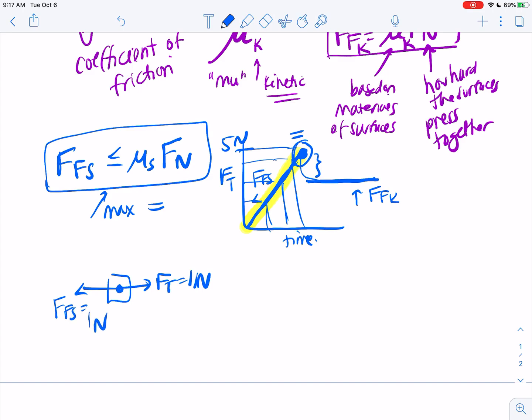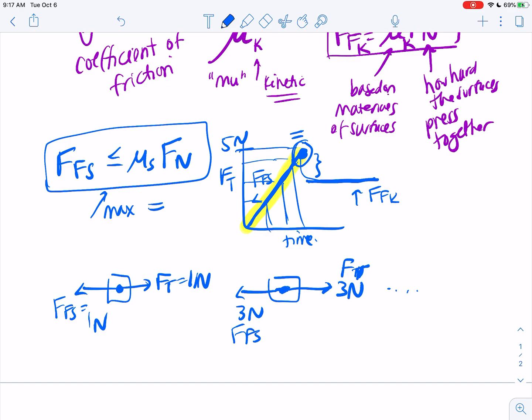It's not going to pull more than I pull, and then start accelerating backwards. That's just silly. If I pull with 3 newtons, it will pull with 3 newtons, all the way up until I reach that threshold amount, 5 newtons. Once I pass that by just a little bit, it will accelerate and start moving, and then it drops to kinetic friction, and you have to analyze it differently. So that's the static friction.